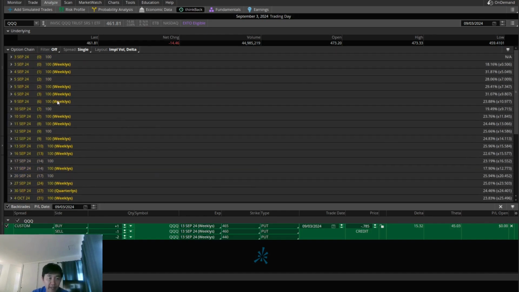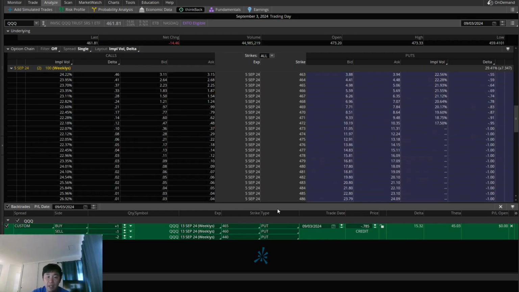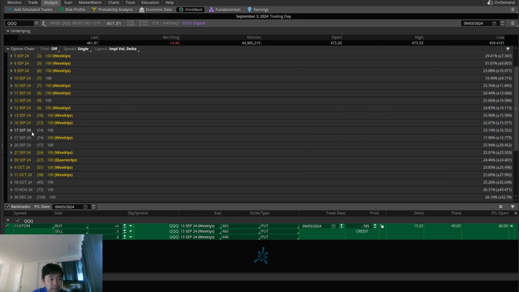So I need to get 15 additional negative deltas. I'm going to go to the call side and sell 15 negative deltas. I can do 2.08s, I can do 2.06s, and then I can take that 21 cent credit and buy some put verticals on the put side.